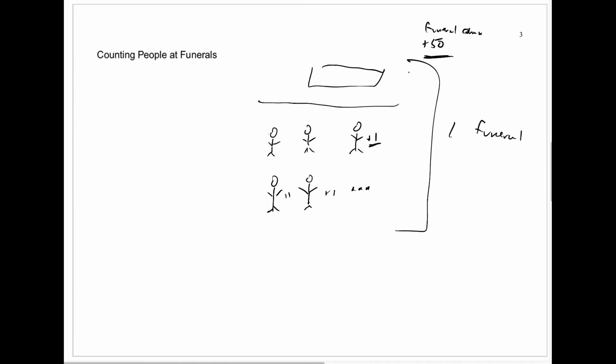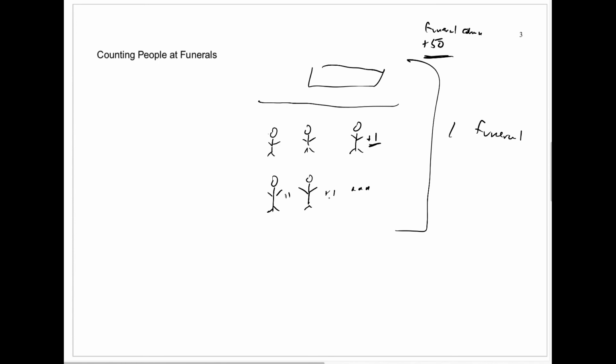Or we could instead count up over all the people and just look for each and every person how many funerals they've attended. Either way, we'll get the same total number of funeral attendances that happen. So we can sum up either grouped by funeral or grouped by person, and we get the same thing.